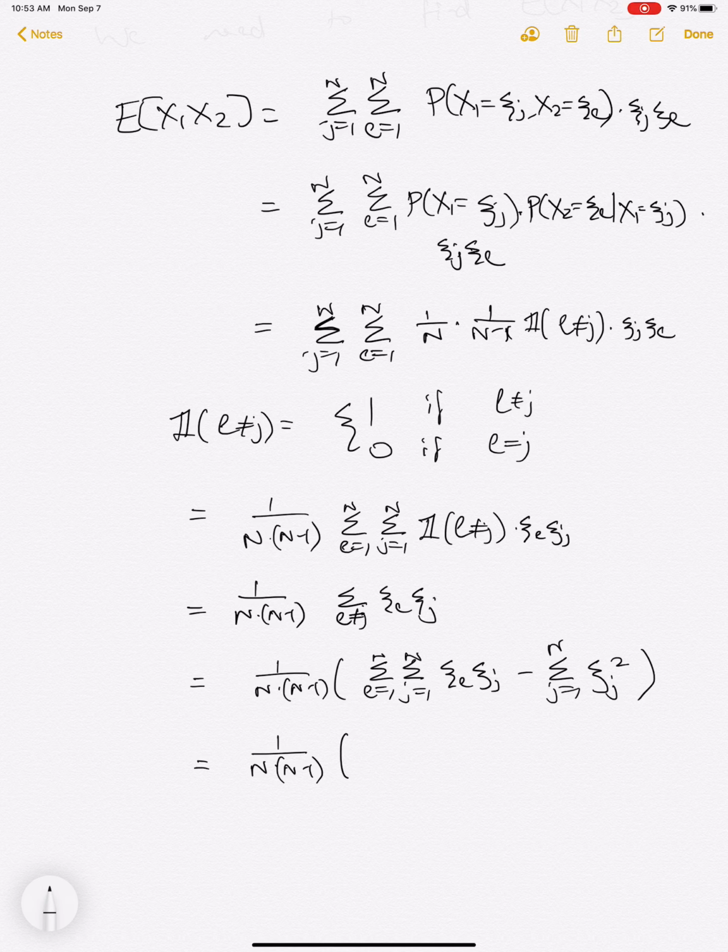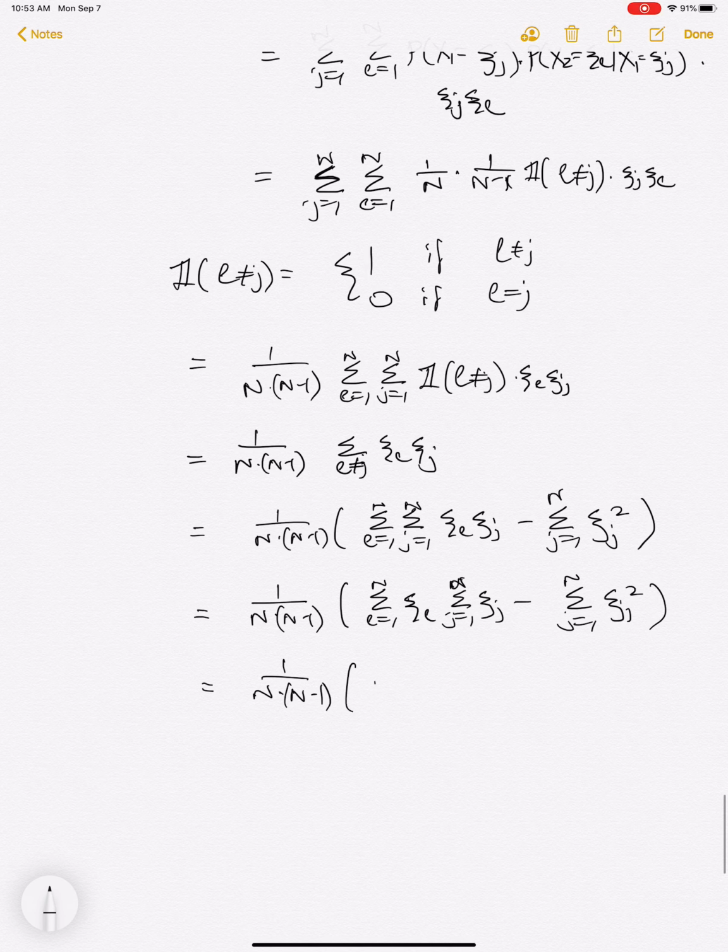Okay, and we can now split that sum up. And you're just going to get n squared mu squared.